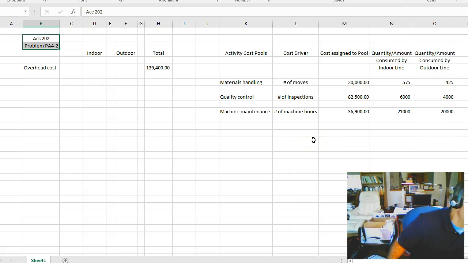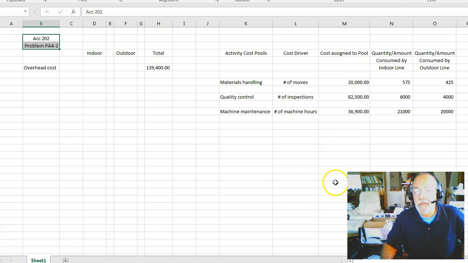And what they're saying is, let's assume that that cost driver is machine hours, which is one of the more commonly used cost drivers for cost allocation, where there are machines involved in the manufacture of products.